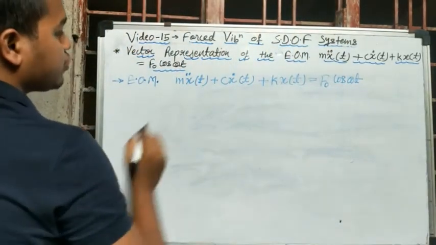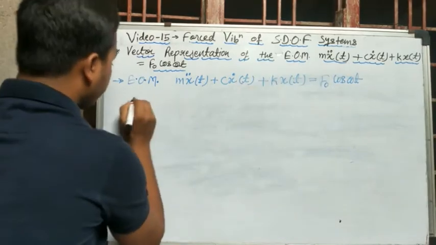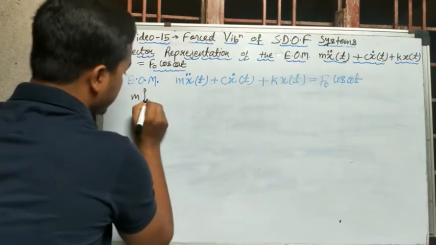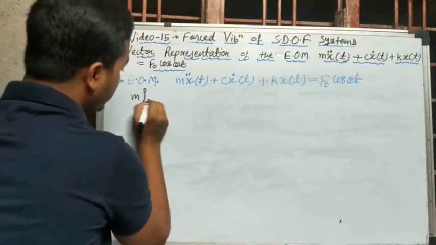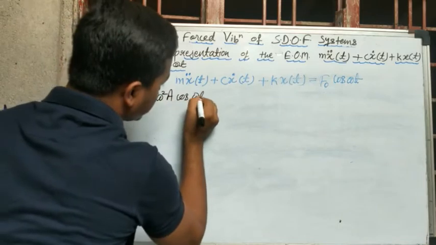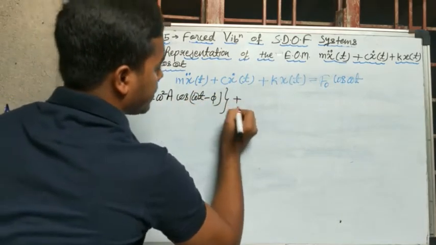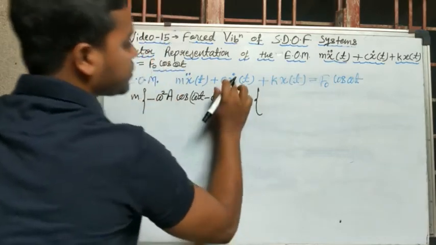Now I will put the values of x double dot, x dot and x in this equation of motion. So I can write this as m into, what is the formula for x double dot? Minus omega square a cos omega t minus phi, right? Plus c here. Now what is the formula for x dot?